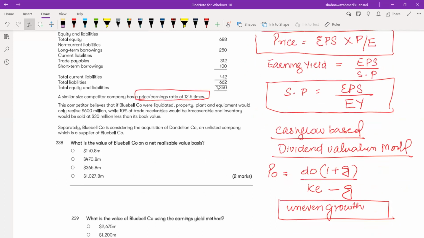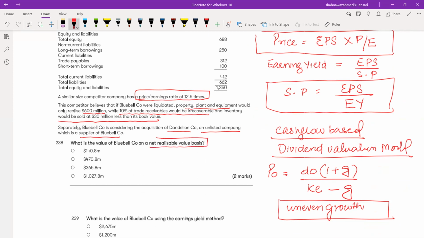This competitor believed that if Bluebell were liquidated, property, plant, and equipment would only realize 600 million, while 10% of receivables would be irrecoverable and inventory would be sold at 30 million less than its book value. Separately, Bluebell is considering the acquisition of D, an unlisted company, which is a supplier of Bluebell Co. What is the value of Bluebell Co on a net realizable value basis?